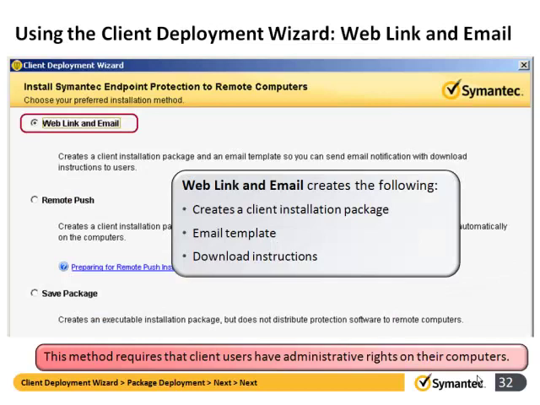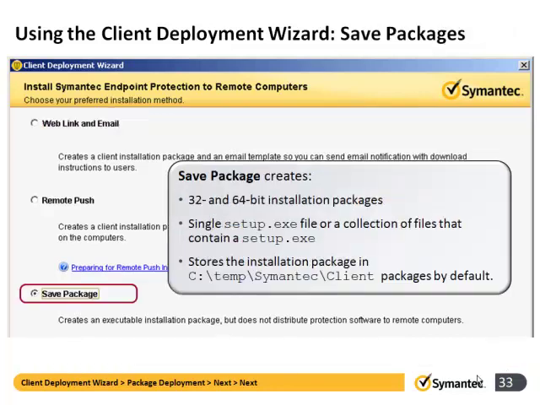So once we've got to the client deployment wizard, we've got our 3 options: web link and email, remote push, and save package. The web link and email, as I said, needs to have the client have admin rights to install. If you were to choose the save packages, this will create the executable installation package but will not distribute to the clients.